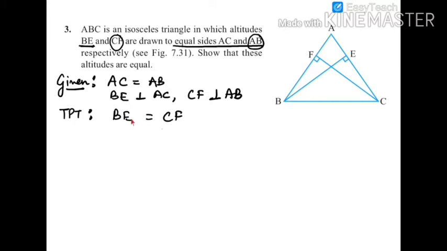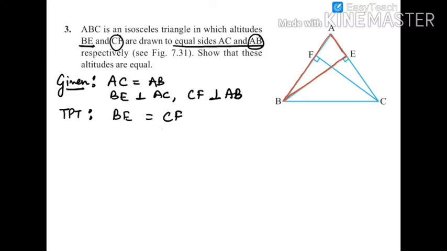In order to show these altitudes equal, we have to find the triangles that contain them and then show these triangles congruent. So locate these triangles in the figure. Triangle ABE contains BE and triangle AFC contains FC. Since they are overlapping, we will separate them.